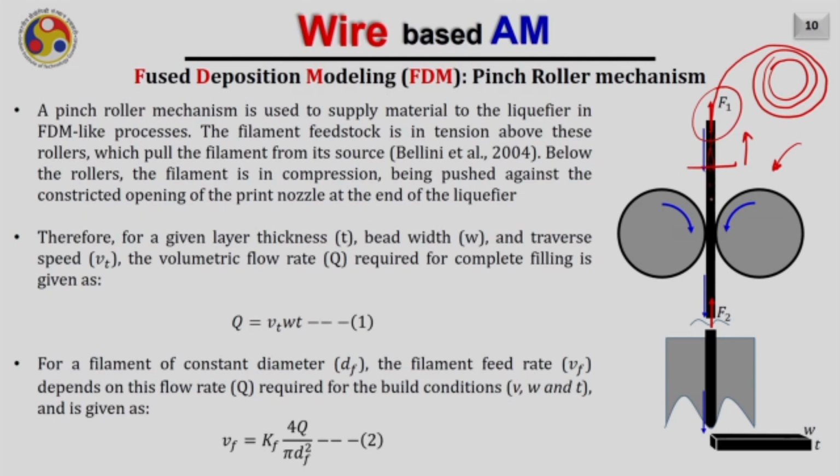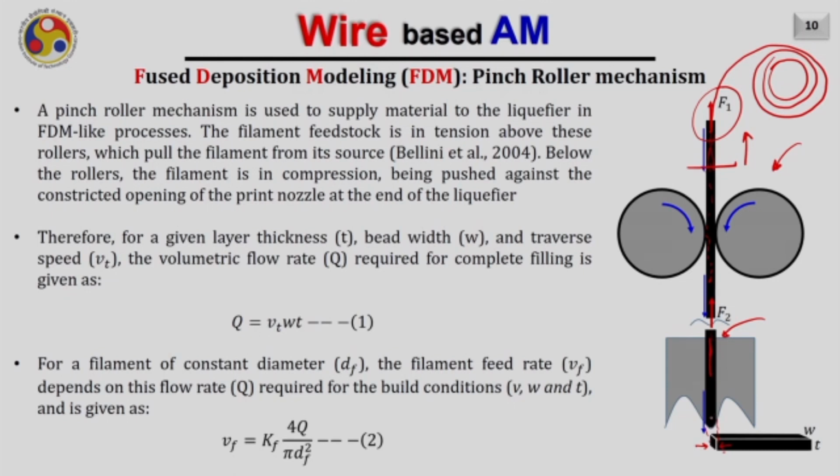Further, when the wire is pushed beyond the pinch roller mechanism, it is going to enter the liquefier. As in the case of the liquefier, the exit orifice is very tiny, very small, we need to apply some additional force from the top to push this wire into this tiny orifice.